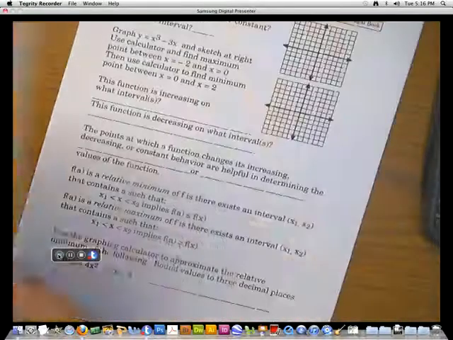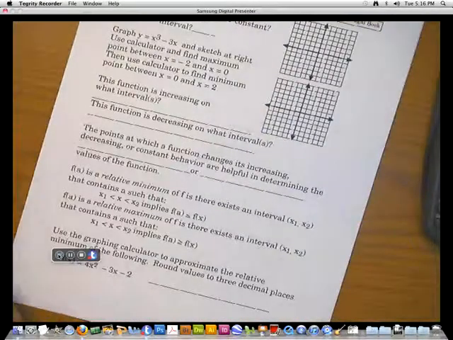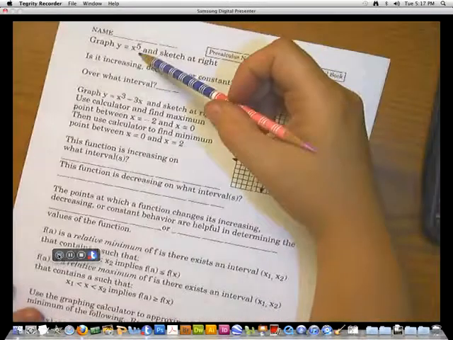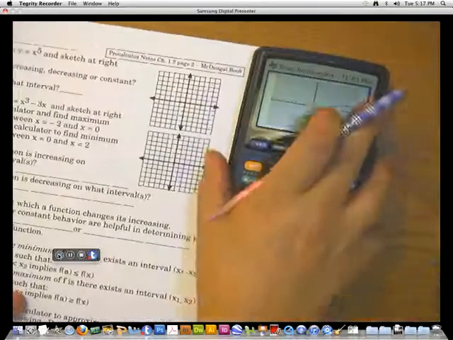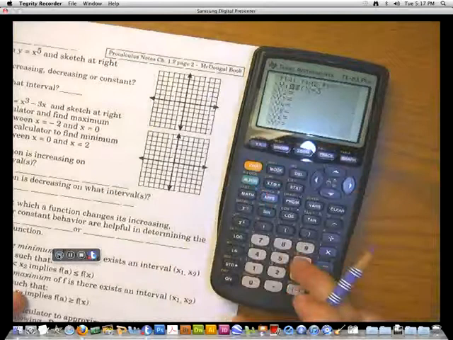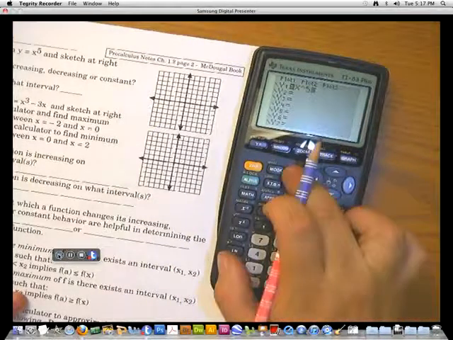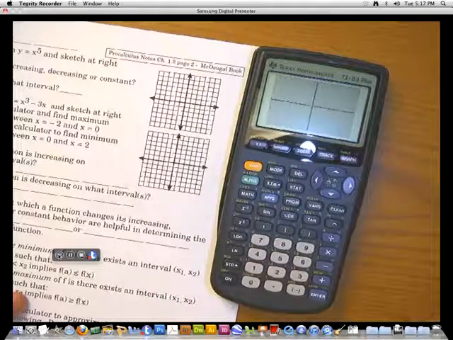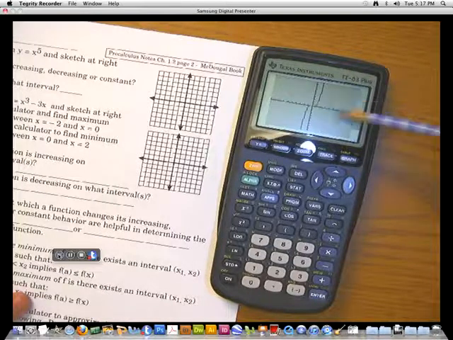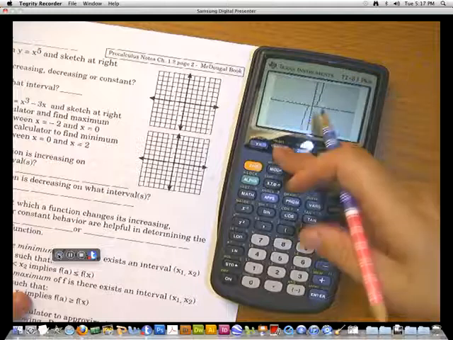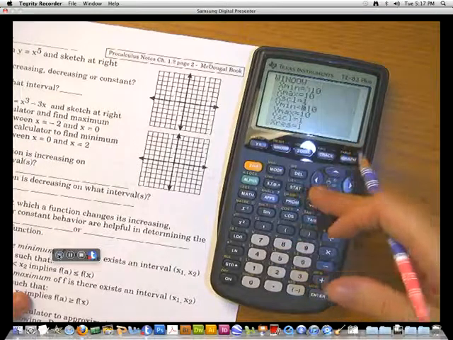Page 2 of the notes, when we look at a graph, y equals x to the fifth, we're going to sketch this here. So we're going to go to our calculator, y equals x to the fifth. And we're just going to do a very quick sketch of it. It's really not too complicated. If I'm unsure what's really happening here, I could change my scale, my y's.